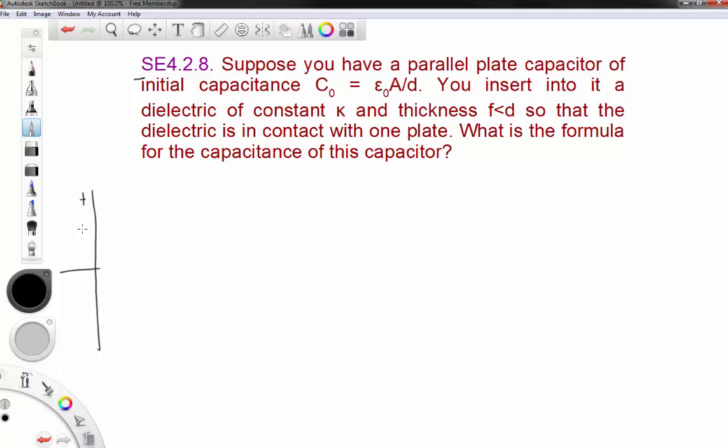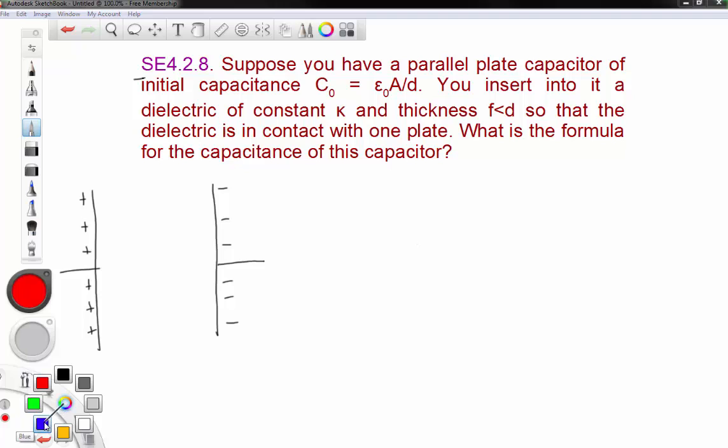Maybe this is the positively charged plate of this parallel plate capacitor. Right here is the negatively charged plate. Looks something like this. And then we decide that we're going to insert into this a dielectric material.